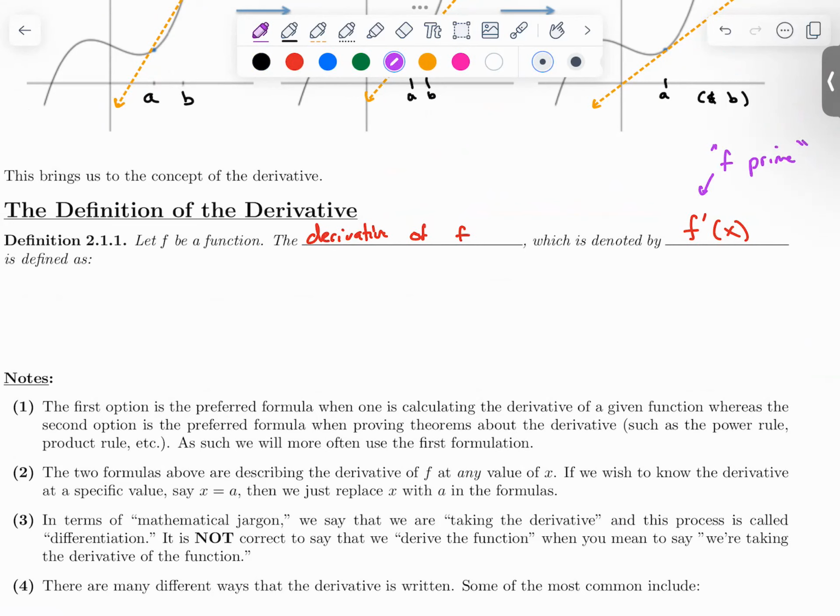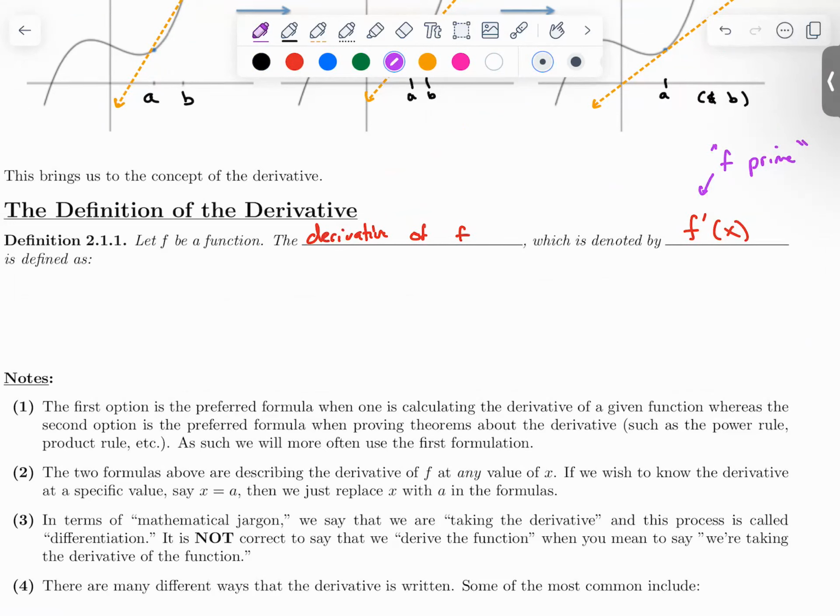You can either say the derivative of f, or you can say f prime, and we'll see some other terminology that you can use as well, but those are the two main ways that we say it. F prime and derivative are synonymous. They mean the same thing.